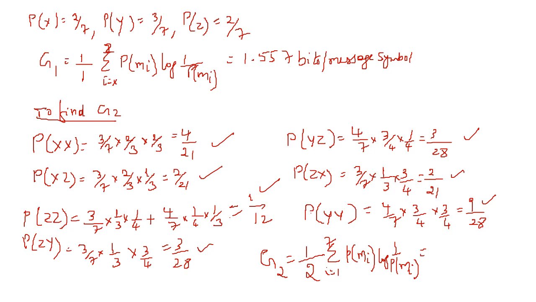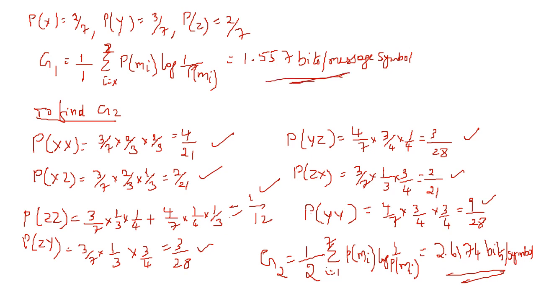What is the value of G2 you are going to get? Do the calculation. Don't forget to divide it by 2 here. You will get the answer as 2.6174 bits per symbol.